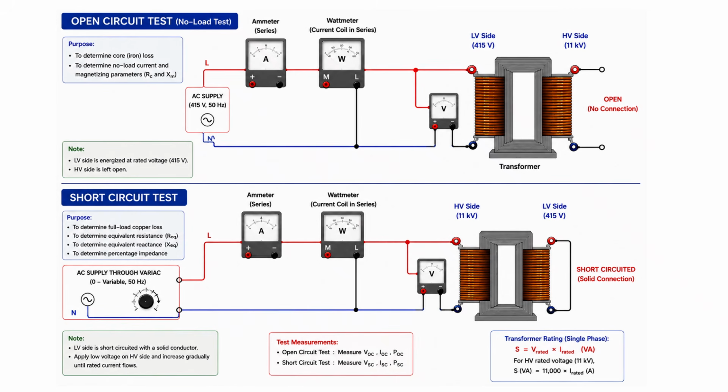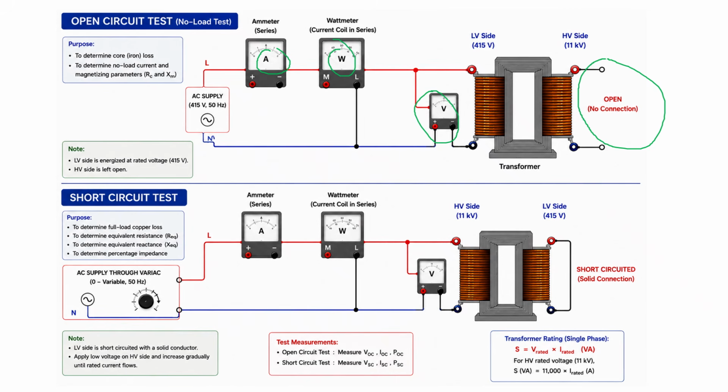What do we do in the open circuit test? We keep the high side of the transformer open, but we connect the low side of the transformer to the source, and we increase the magnitude of voltage up to the rated voltage, so that we measure the magnitude of current and power.